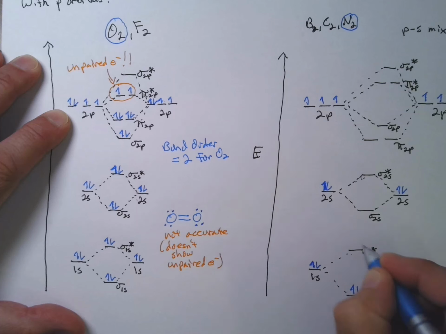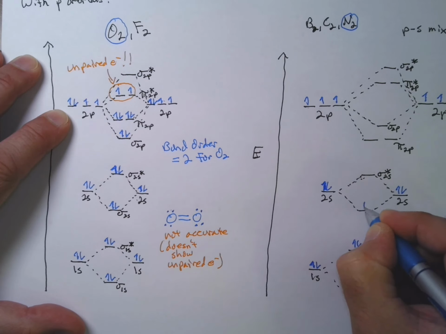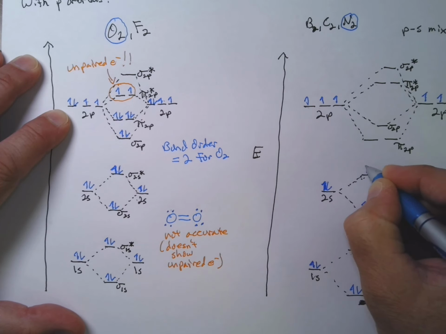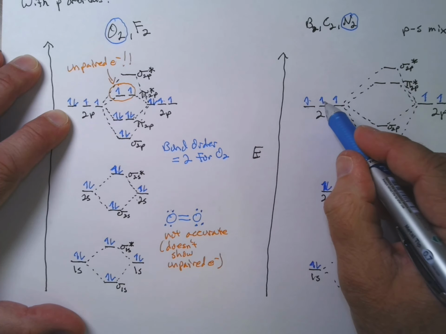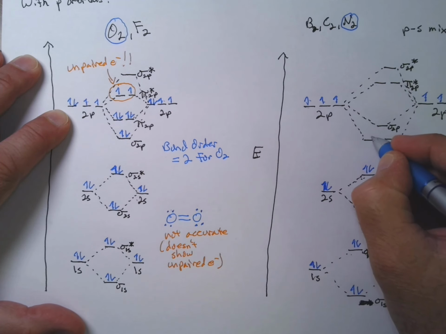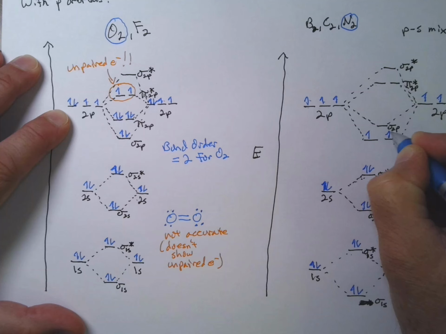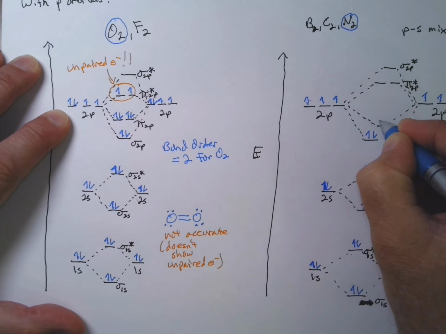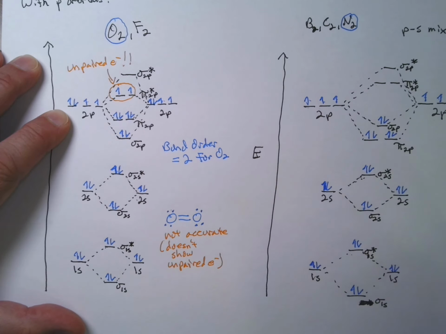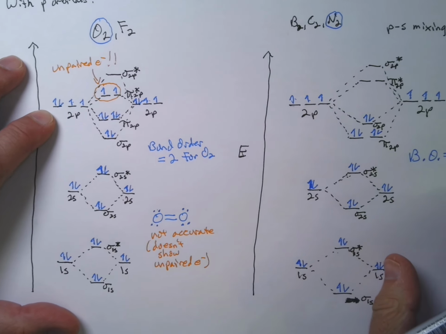And now I can fill in these electrons here. I've got 1, 2, 3, 4, 5, 6. So let's put those in. 1, 2, 3, 4, 5, 6. So now our bond order equals 3.